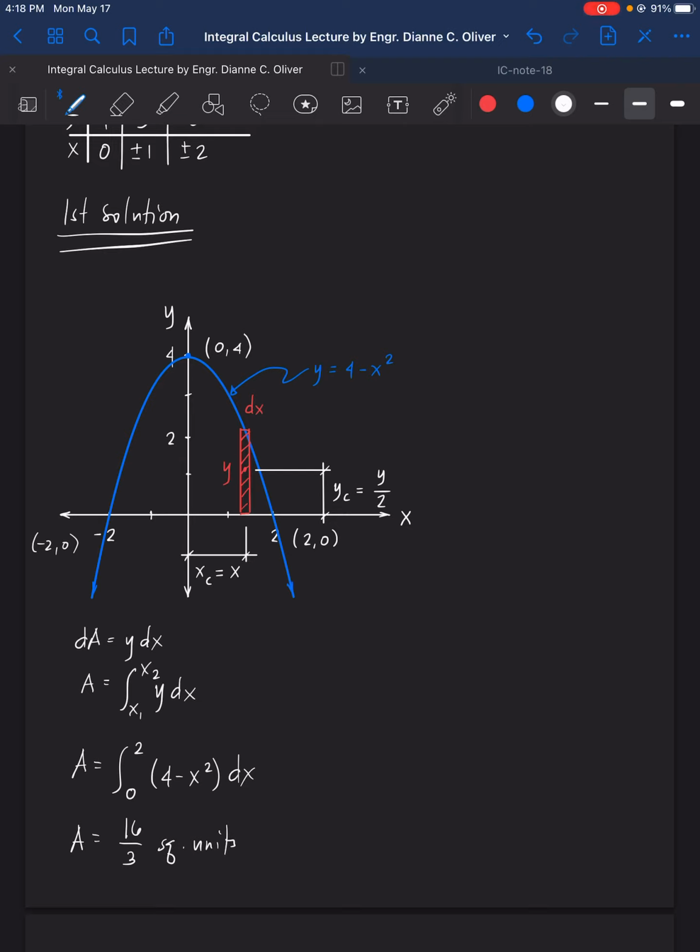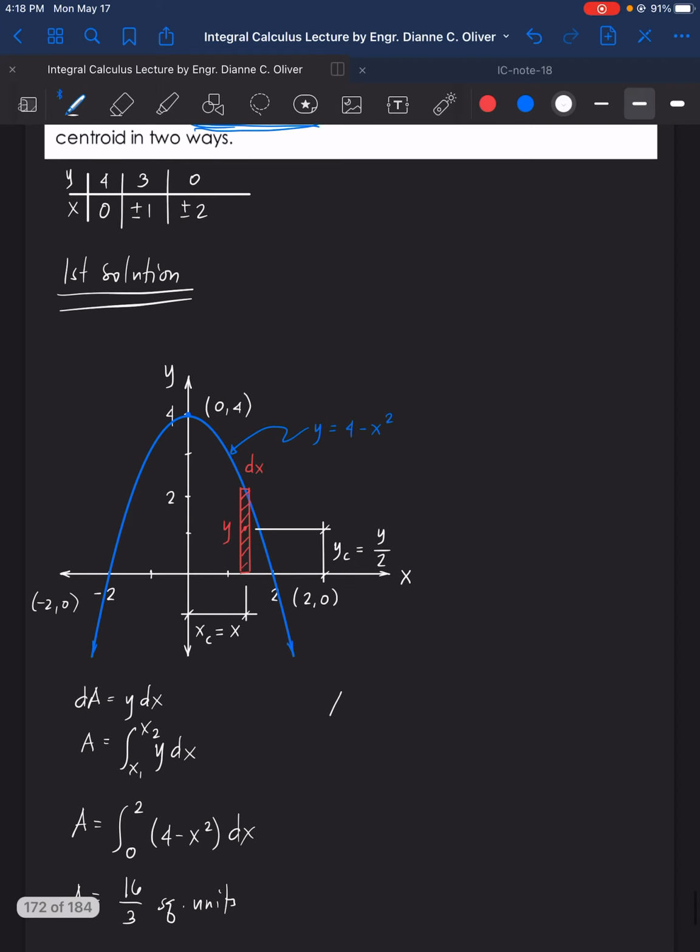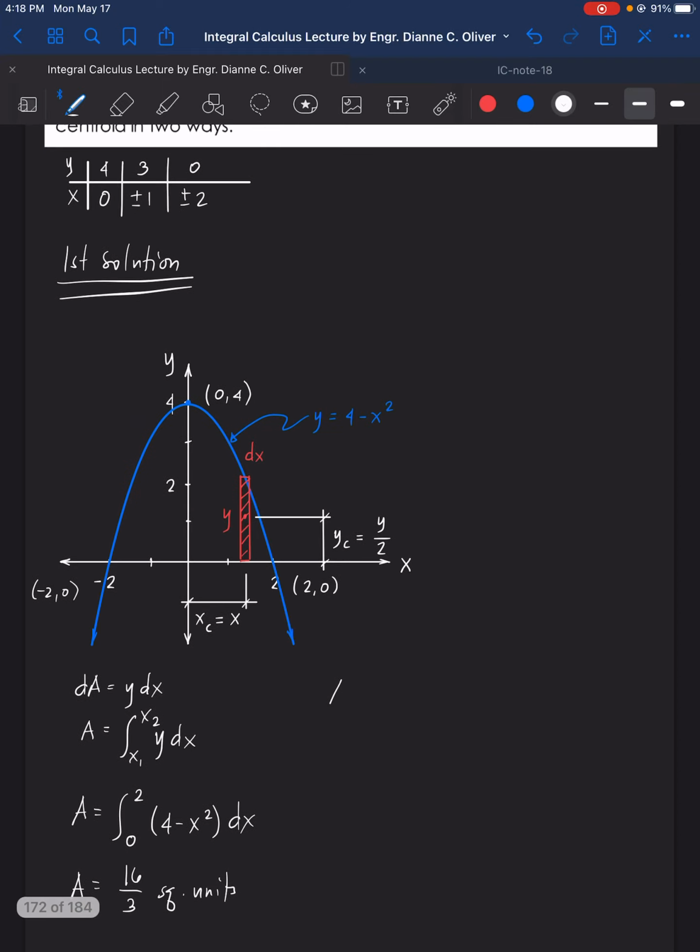For the centroid, we will have x bar, or A x bar. Okay, so I think we can use this space here. So A x bar is equal to integral of xc dA. So that's the general formula. Now, let's put here first x bar.